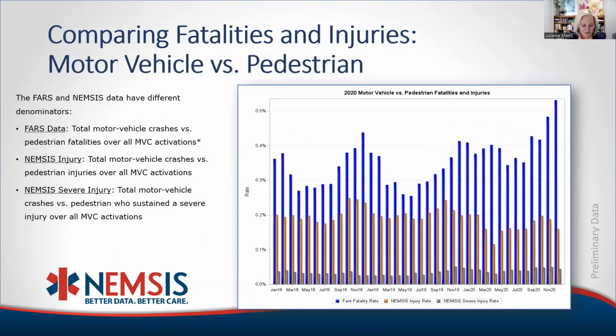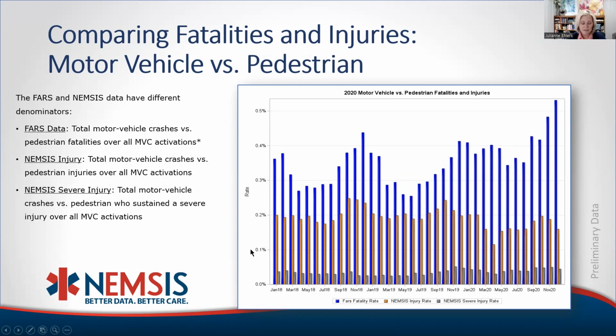Some of you have access to and have used Fatality Analysis Reporting System data, FARS data, that help to identify the fatalities that are occurring on the roadway. We've taken a few of the slides and just compared those trends over the years as compared to fatalities. And so the fatalities are in the blue. The orange is the injury, the NEMSIS injury rate, and then that gray is the severe injury rate.